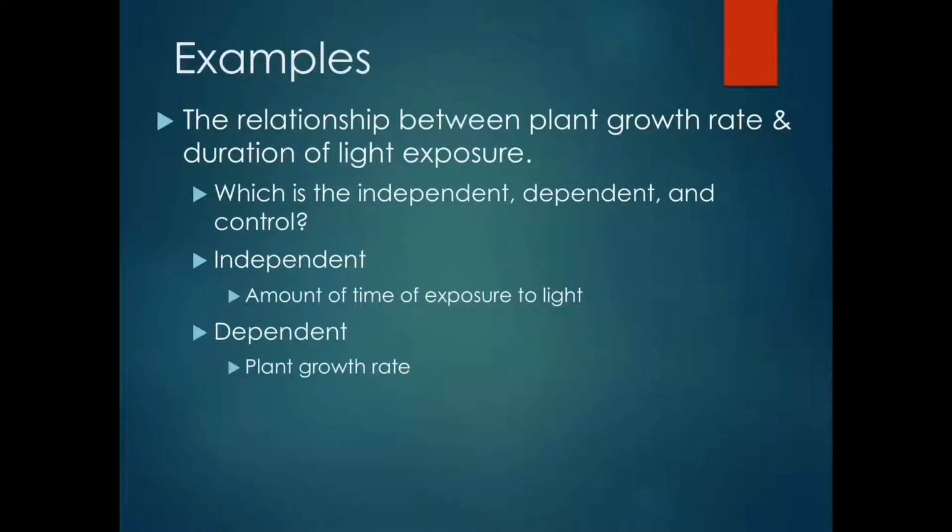You're affecting how the plant is growing just by changing the light. The control is going to be all other aspects of growth. Again, this will be water, soil, food, anything else that you need to help the plant grow.